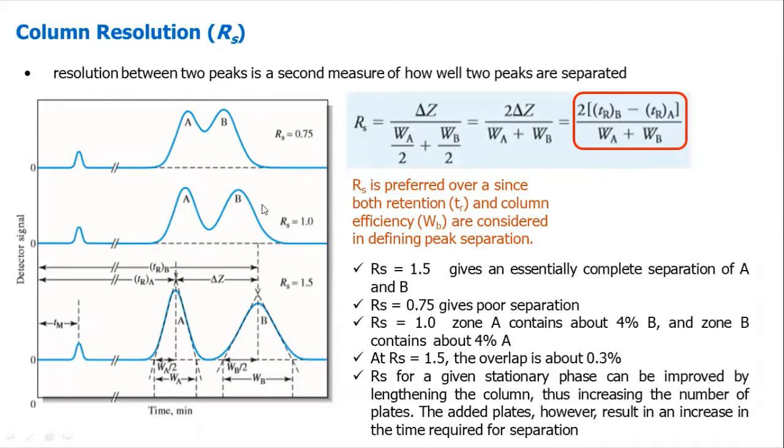For Rs equal to 1, the zone A contains 4% B and zone B contains about 4% of A. So at Rs 1.5, the overlap is about 0.3%. So for a given stationary phase, the Rs can be improved by lengthening the column, thus increasing the number of plates. The added plates, however, result in an increase in the time required for separation.